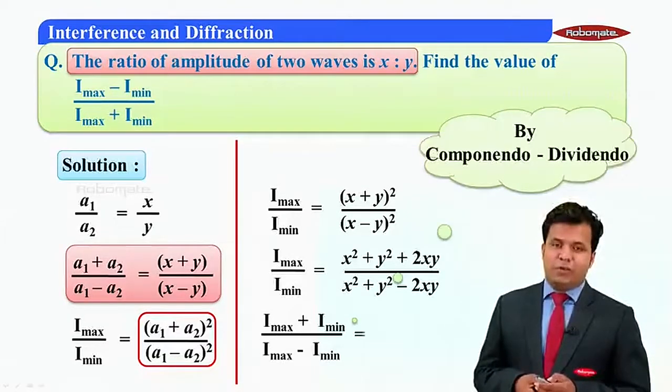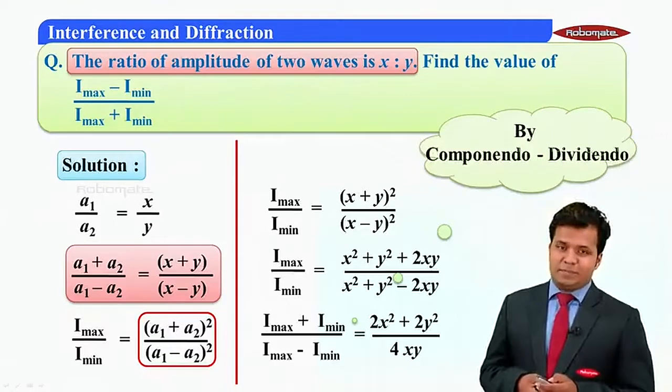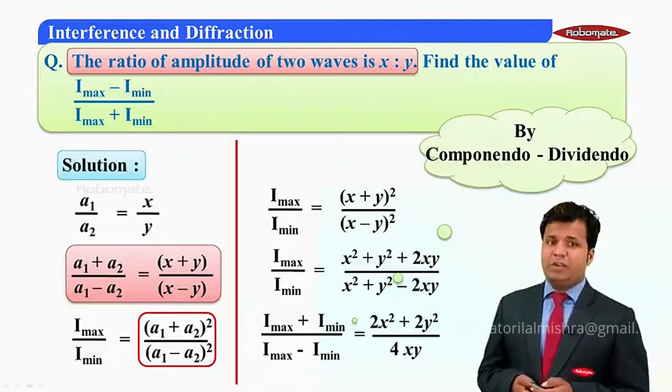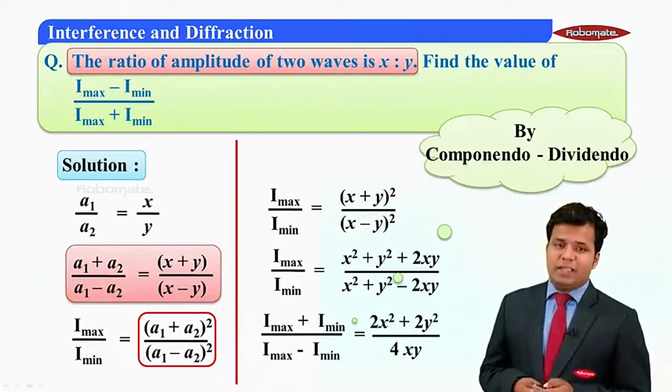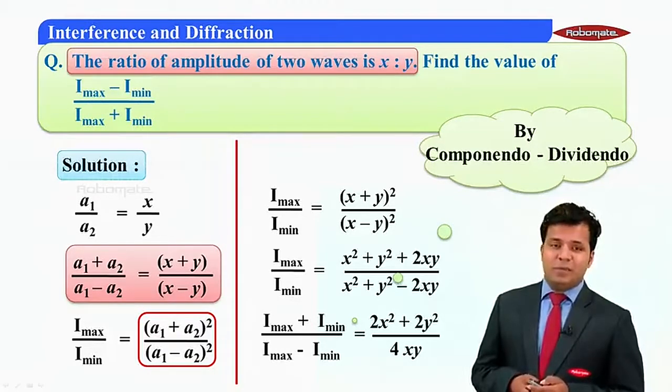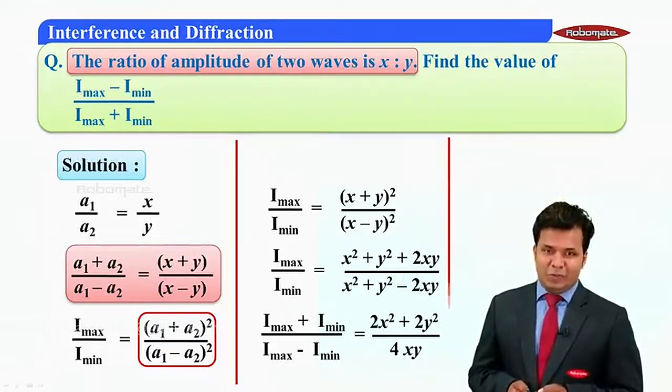Now, go for componendo dividendo again. By adding numerator and denominator and by subtracting numerator by denominator, the remaining thing is 2X square plus 2Y square upon 4XY. Now, this is I max plus I minimum upon I max minus I minimum. But the required thing is the inverse of it. So do invertendo.